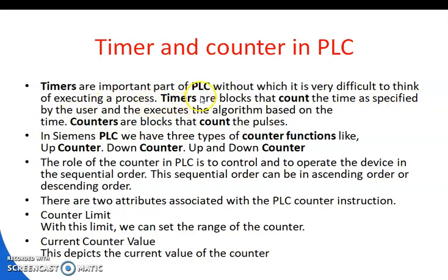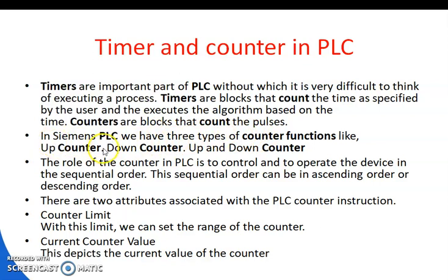Timers are blocks that count the time as specified by the user and execute the algorithm based on the time. The counters are blocks that count the pulses.